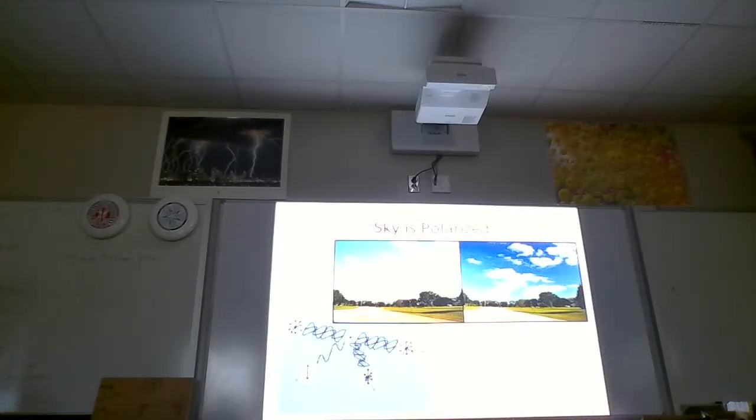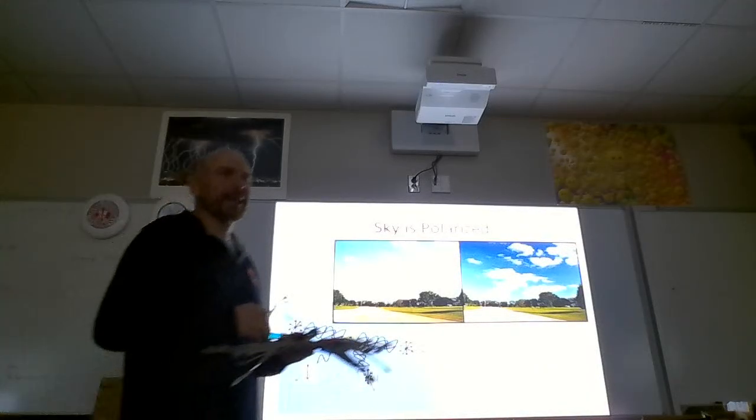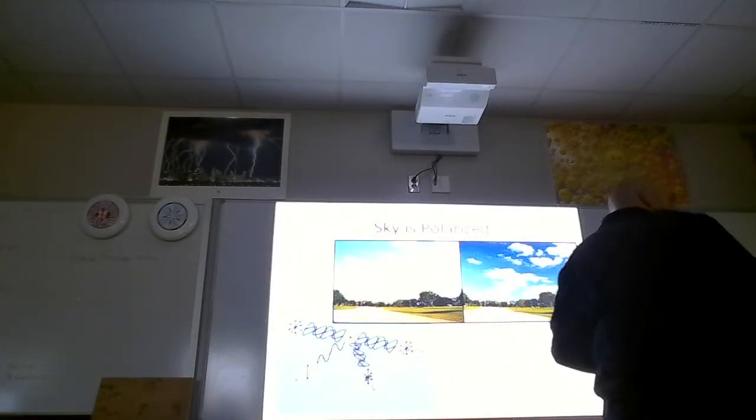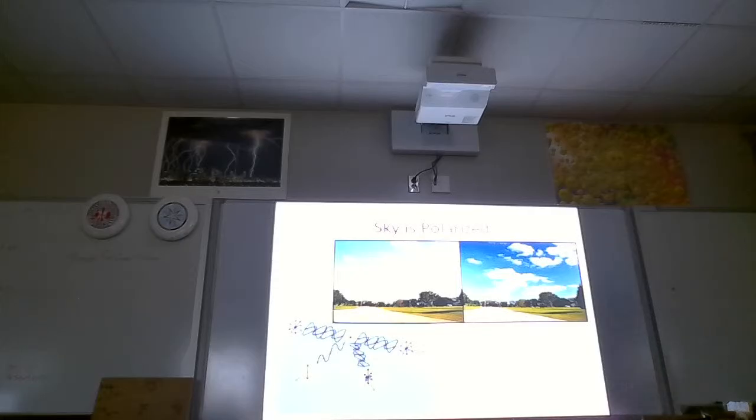So, turns out, skylight, sunlight, the sky is polarized. I can't demonstrate this because it's a cloudy day today. But if you have polarized sunglasses on a clear blue day, you can see it at 90 degrees to the sun.